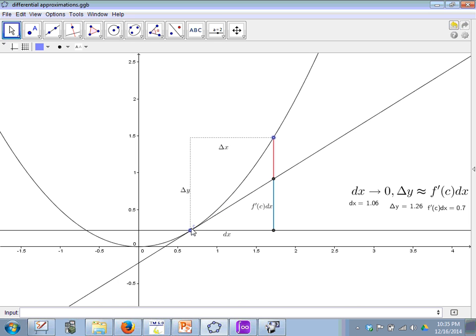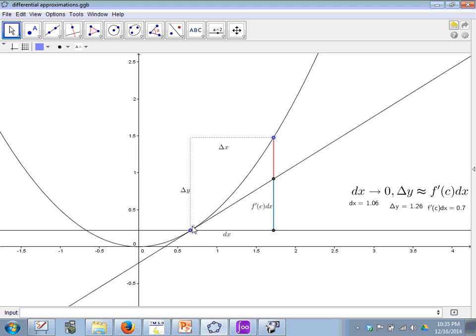Point C here is a point on the curve, and I've got another point over here on the curve as well. As we change from point C over to this point, we're interested in finding the change in y, or delta y. So what was the vertical change going from here up to here, or the change in function value?